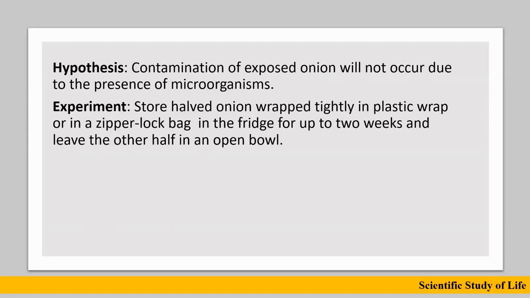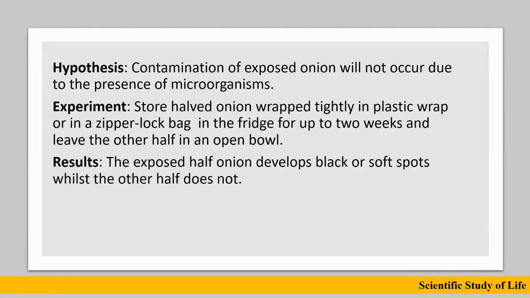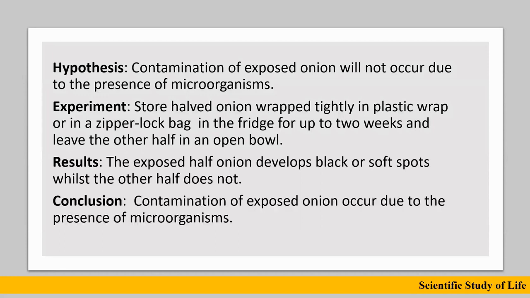So the experiment we have here is to store half an onion wrapped tightly in plastic wrap in a Ziploc bag in the fridge for up to 2 weeks, and then leave the other half in an open bowl. From our results, we can see that the exposed half onion develops black or soft spots, while the other half doesn't.